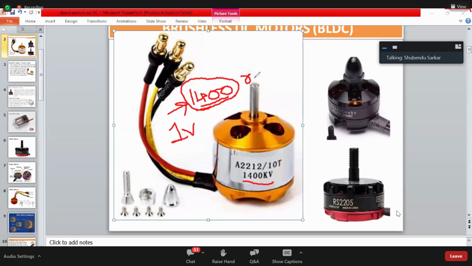If we give 1 volt, it is going to give you 1400 rounds. Similarly, it's all about the power supply you put into the motor. In drones, we are going to put in a 11.7 volt supply, or if the battery is completely charged, it could be around 11.1 volt.